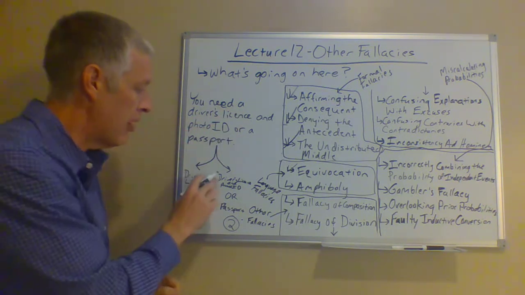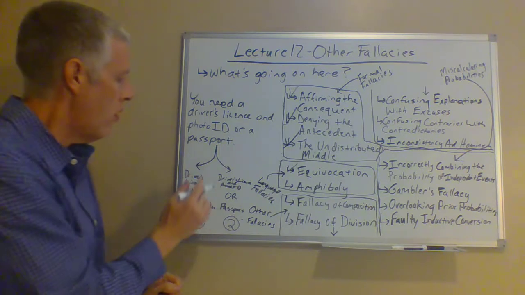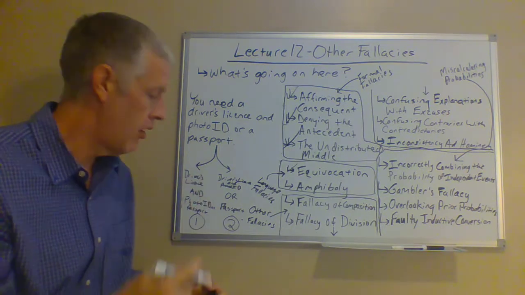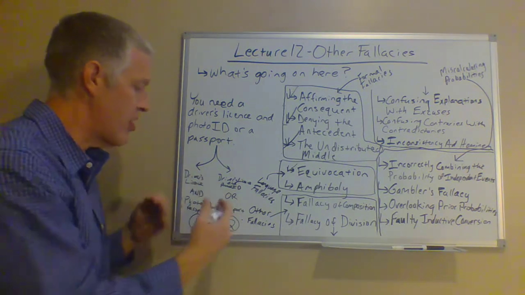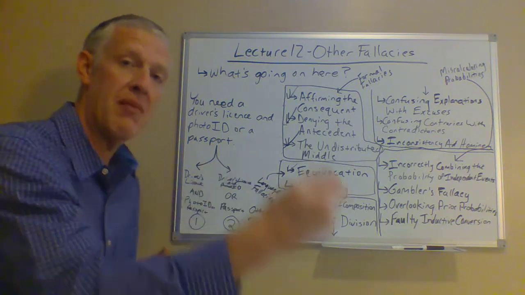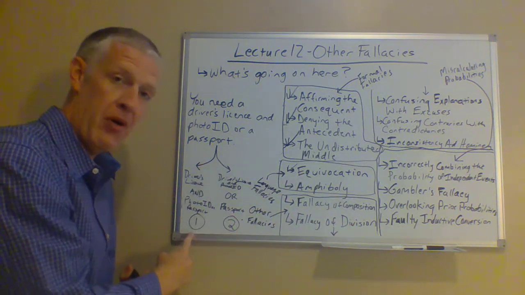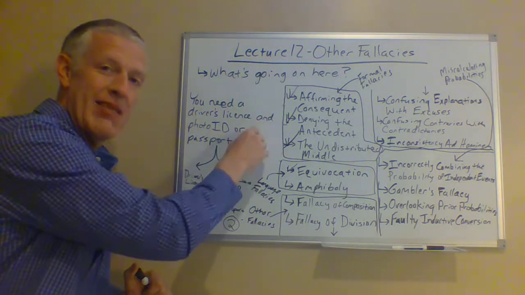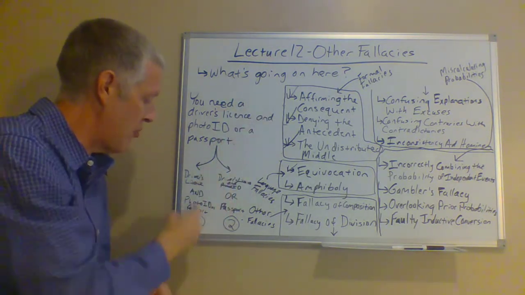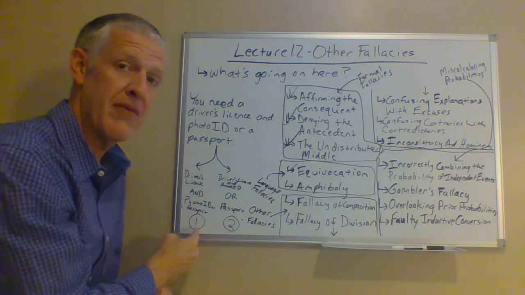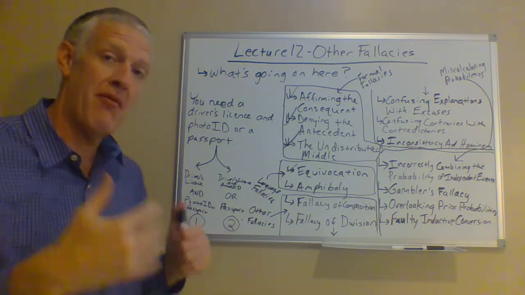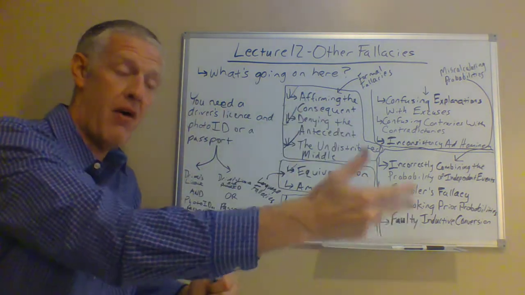You need to bring both of those, or you can bring a passport. Depending on which way you're interpreting the statement, you just bring a passport, that may be sufficient. Or if this is the interpretation, that passport won't be sufficient. But really, the issue was on them, right?